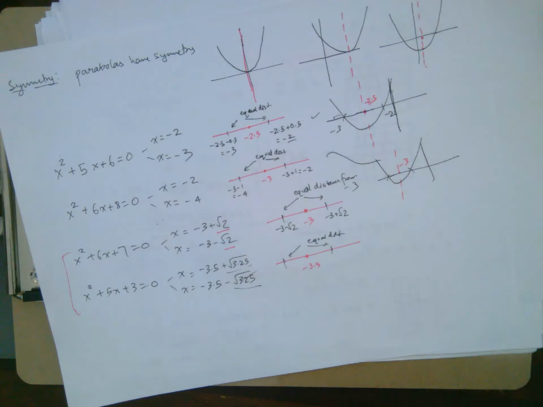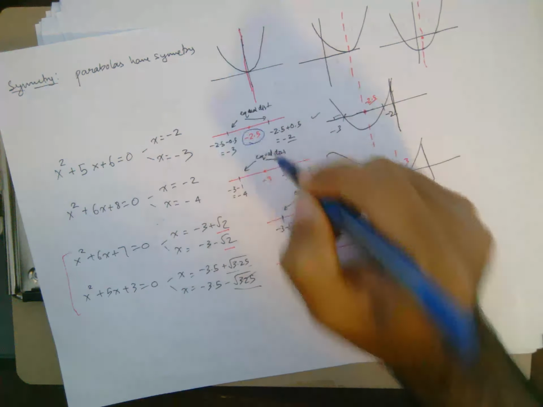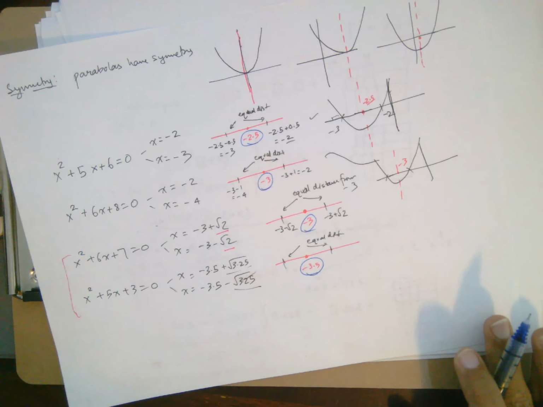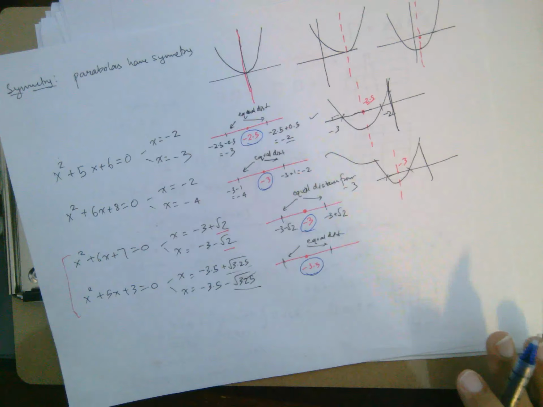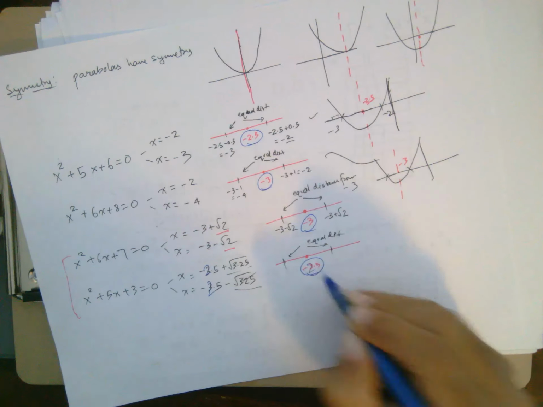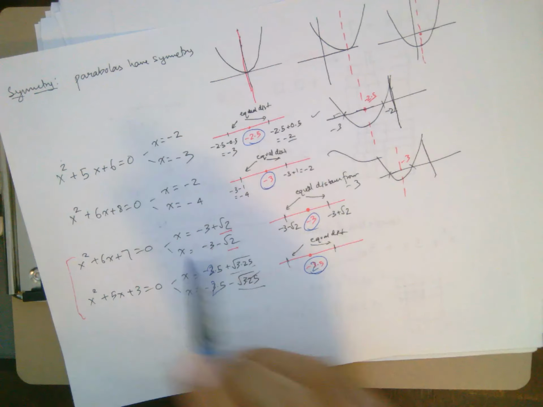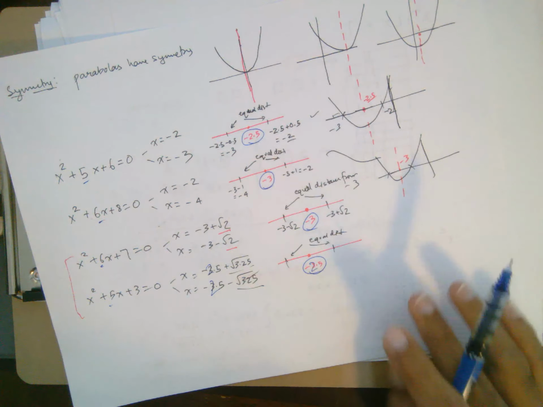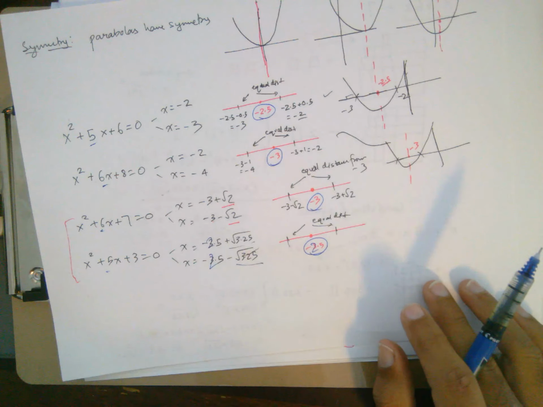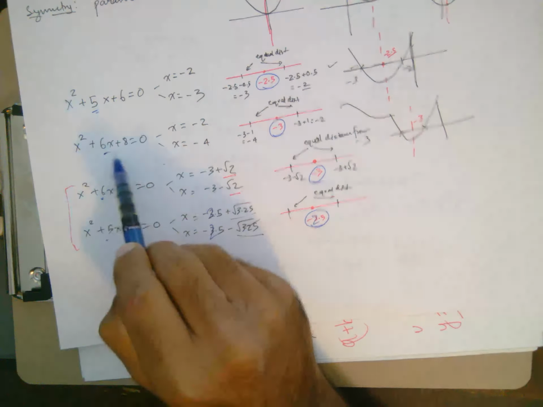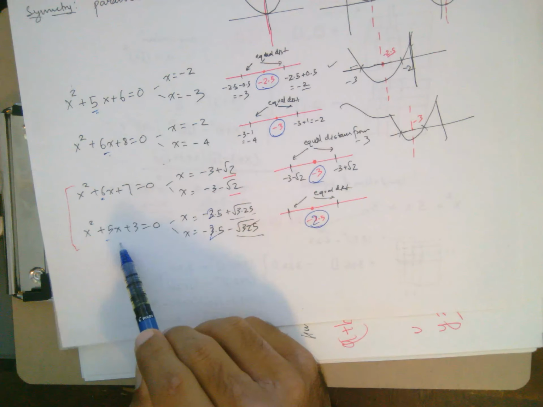These values you see here, 2.5, 3, 3, 2.5, are exactly half of these, and they come from the fact that you can complete the square. To complete the square here, you take 2.5, here you take 3, here you take 3, and here you take 2.5.